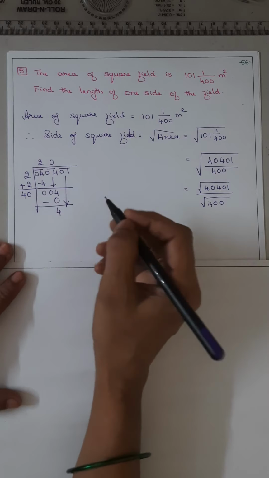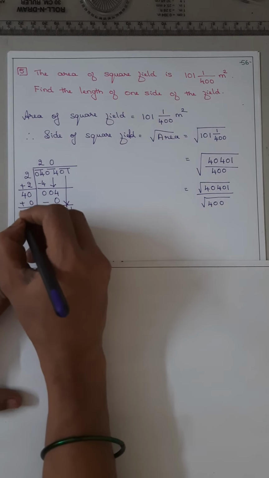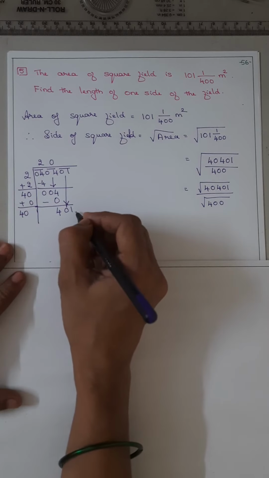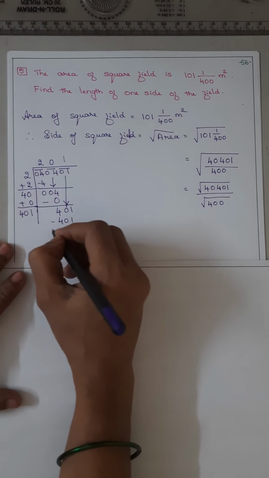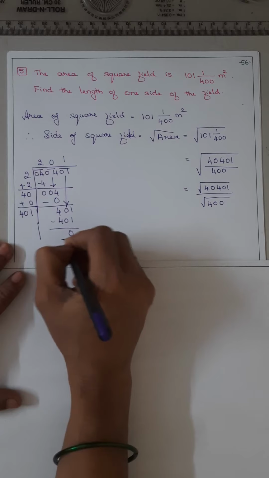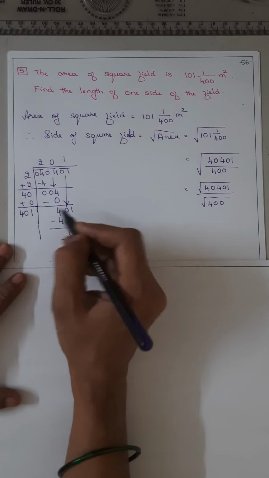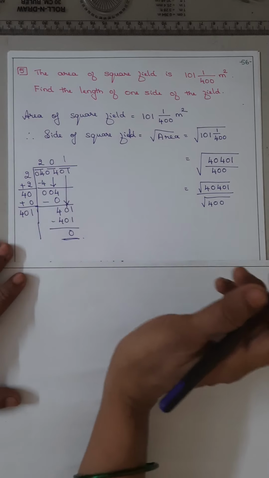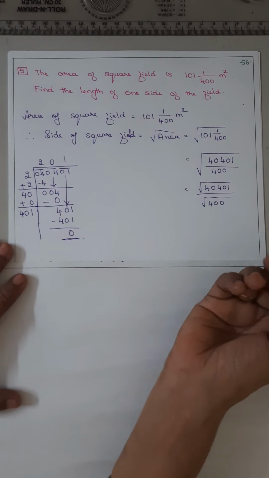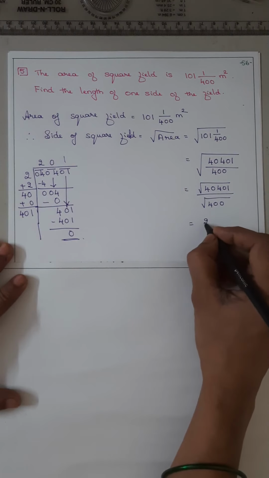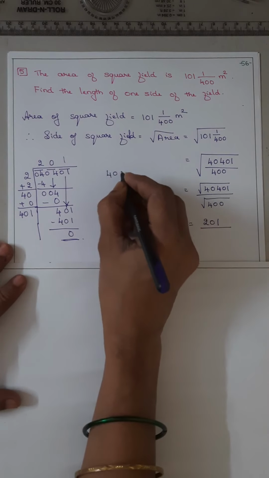The remainder is 4. Now bring 01 down. Add 0. It will be 40. Now here 401. Hope you understood. Here it is 40, here it is 401. So if you put 1, it will be 401. 1 1s are 1, 1 0s are 0, 1 4s are 4. So here you got 201.